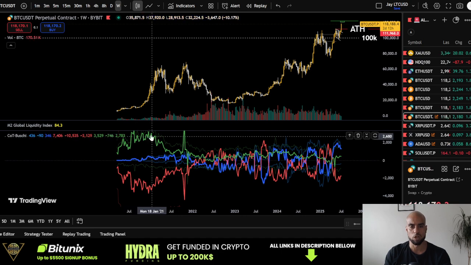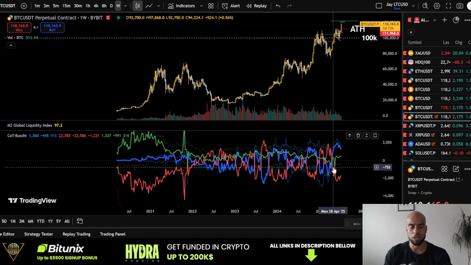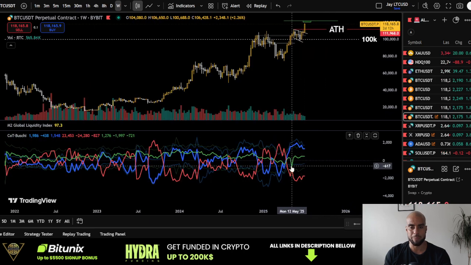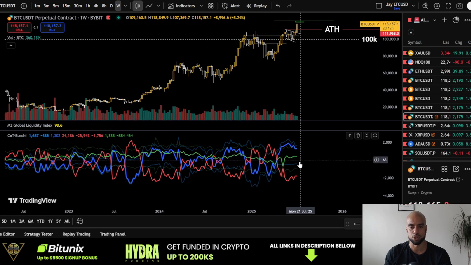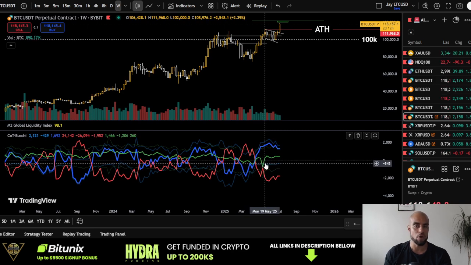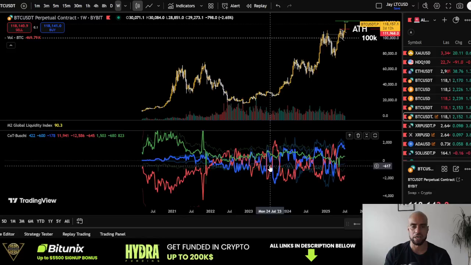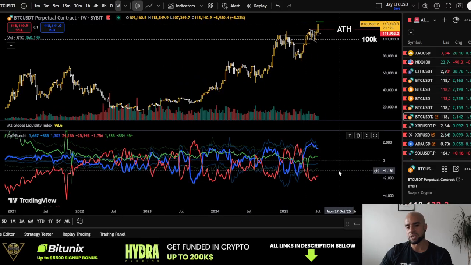This is last bull run. Look at where retail was. Look at where we are right now. So we just dipped back a little bit when BTC started to push, but retail is far from any bull run levels. We need to see retail coming in for this bull run to really kick off, especially for alt season to really kick off.